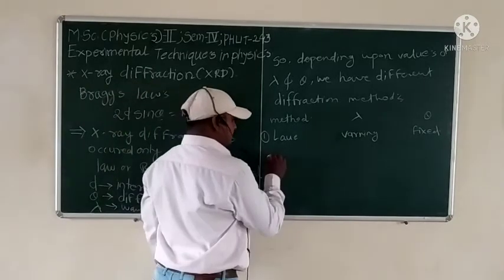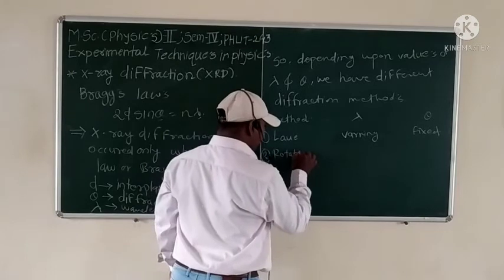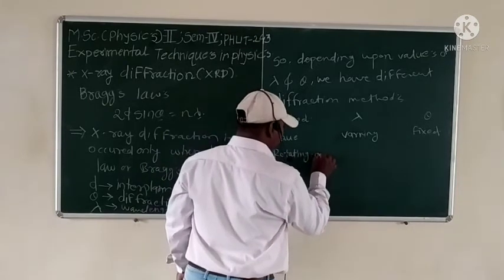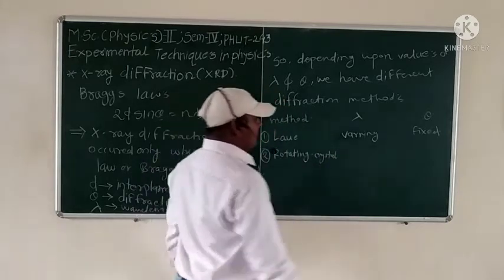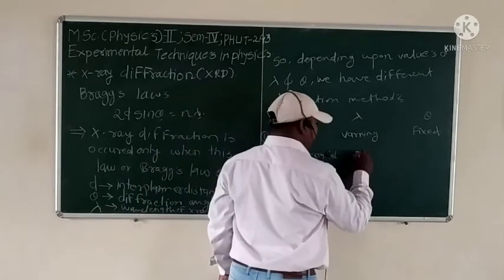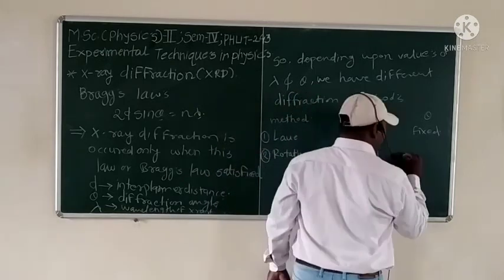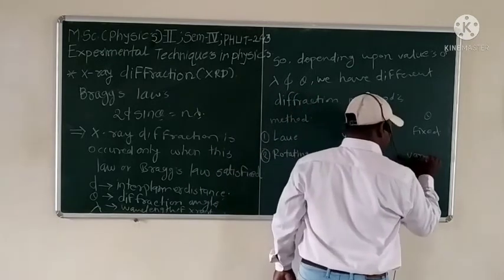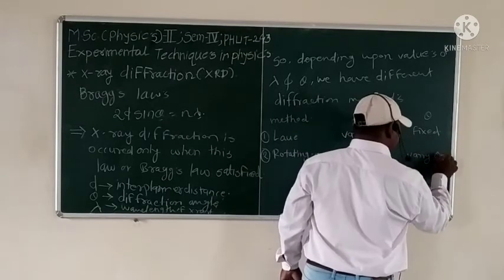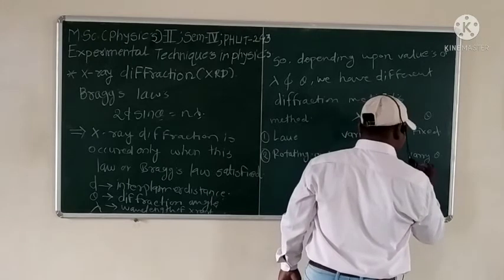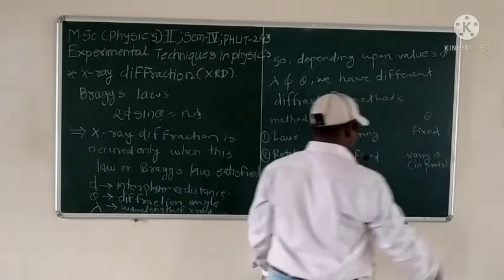The second one is the rotating crystal method. In this method, we keep lambda fixed and vary theta in particular steps.